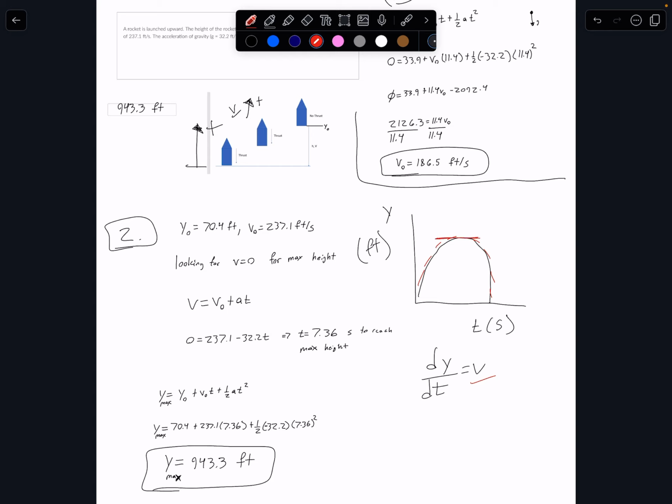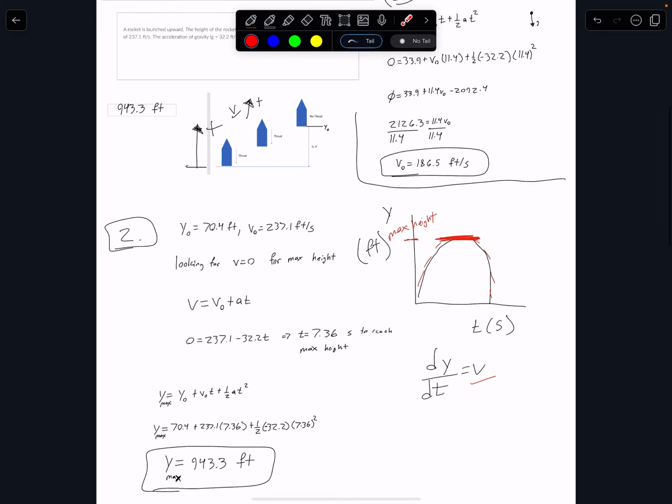As you can see with our parabola, that is going to be our max height right there. What you notice about the max height is that the slope at that point is equal to 0, so the velocity equals 0. That is where we are looking for v equals 0 to get the max height.